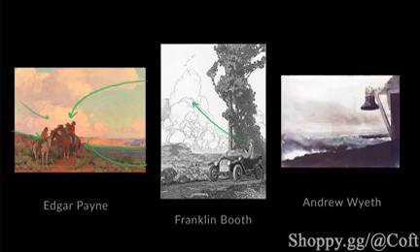And just drawing over Franklin Booth's piece, we can also see the same thing with the road. As well as a lot of these amazing curves that point back and forth to our subjects.